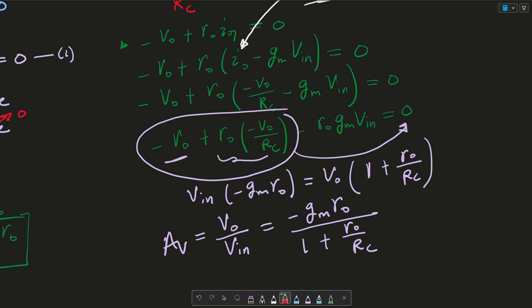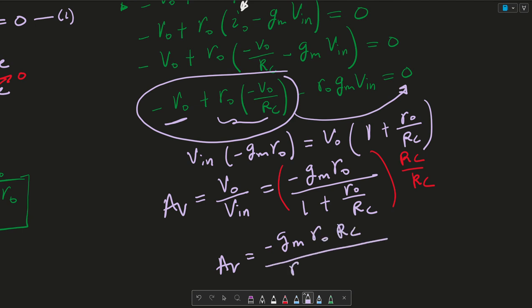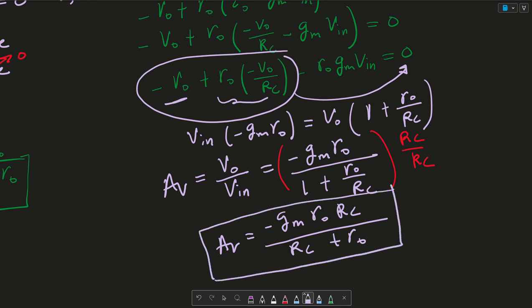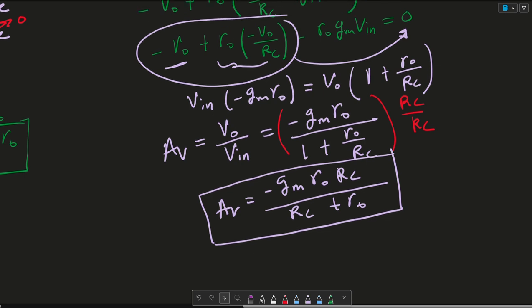Now imagine if we were to multiply this by RC over RC, we would get that AV is equal to minus GM RO times RC over RC plus RO. So this is your complete AV gain of the common emitter BJT.